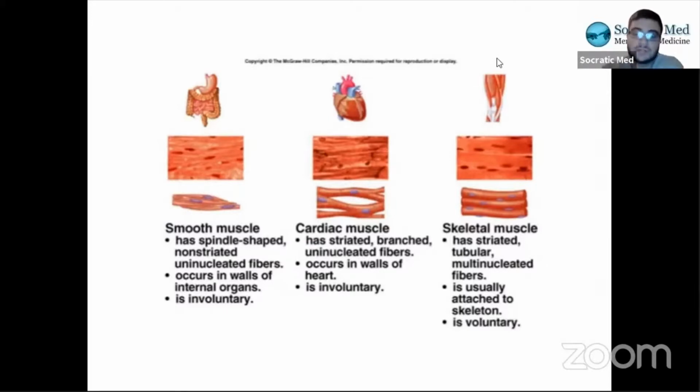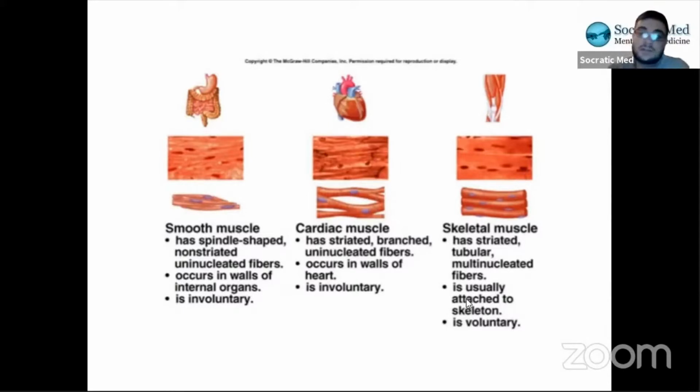That's why it's called skeletal muscle. The 2 unique things about skeletal muscle are, first, unlike the other types, it's voluntary. You choose when you want to move your arm or move your leg or move your head or anything like that. You choose how you can voluntarily move these muscles at any time.